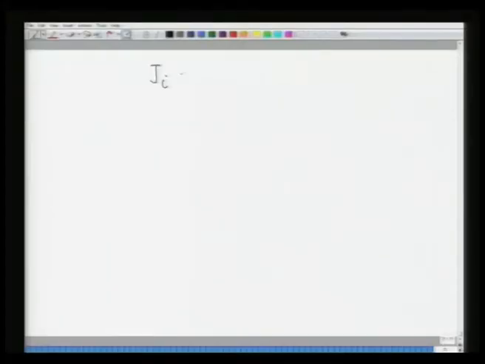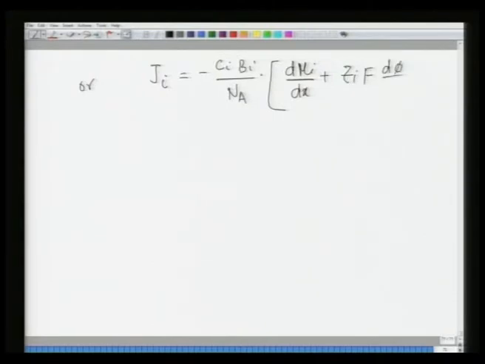So, alternatively this J I can be written as minus C I B I divided by N A into d mu I by dx plus Z I F d phi by dx.